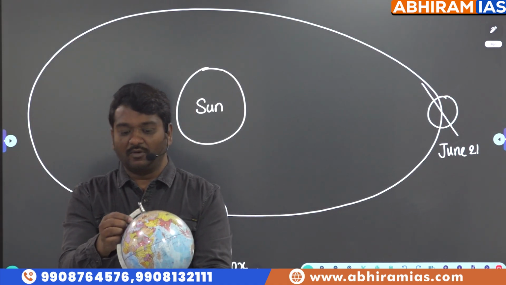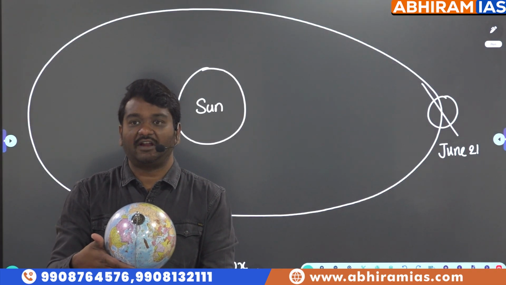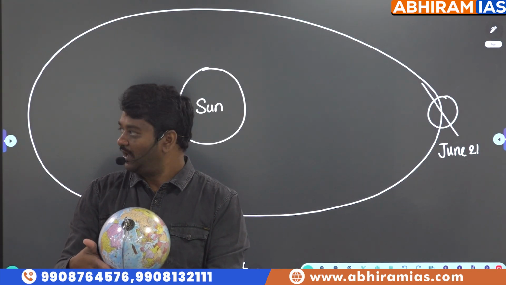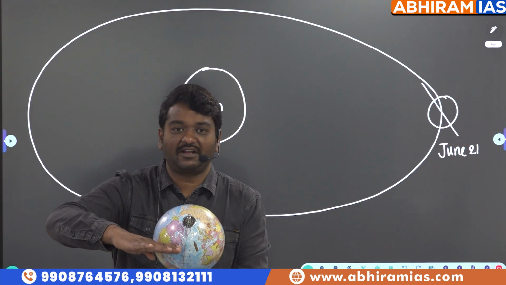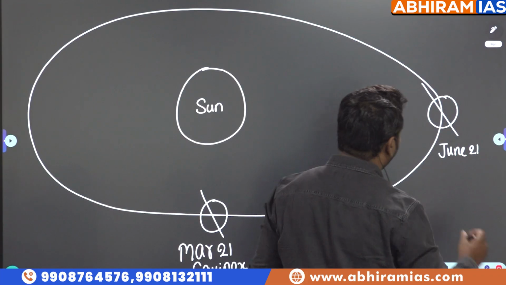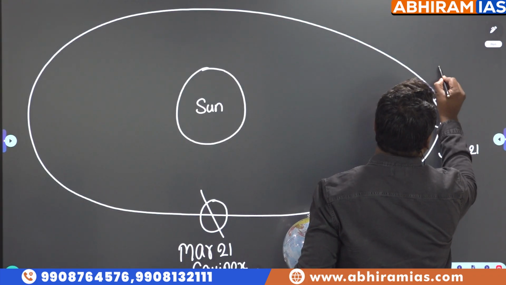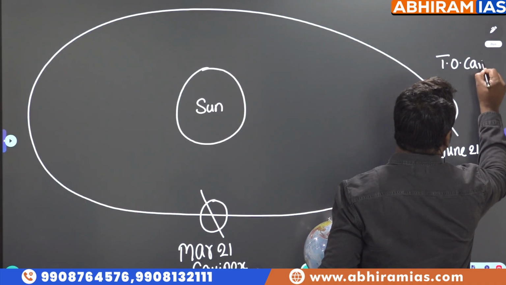So now you tell me, if it is like this, can we say the equator has gone down? Right? As the equator has gone down, sun's rays will fall exactly over which region? Tropic of Cancer. So on June 21st, sun's rays will fall exactly on the Tropic of Cancer.